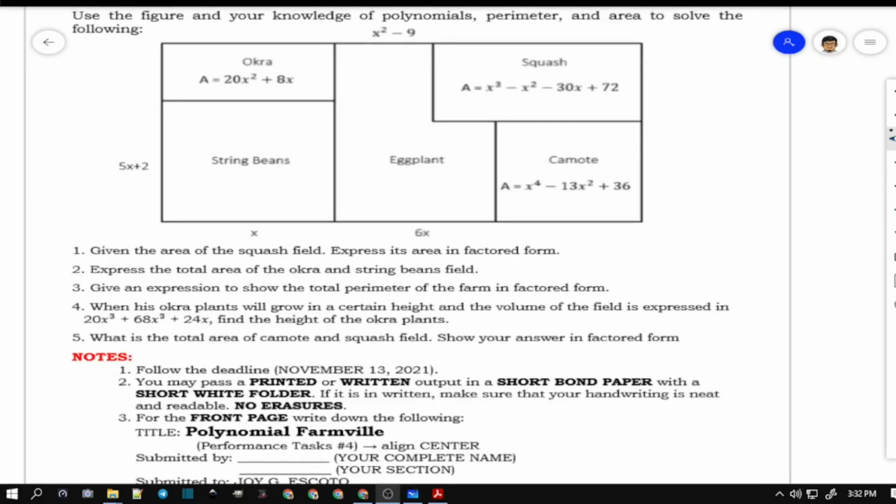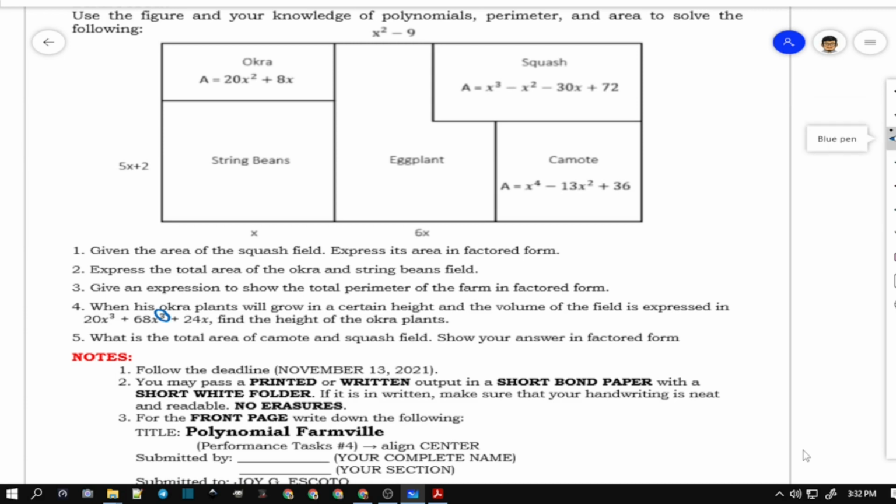So, for number 4 naman, sabi niya, when his okra plants will grow to a certain height and the volume of the field is expressed as 20x cubed plus 60x squared plus 24x, find the height of the okra plots.